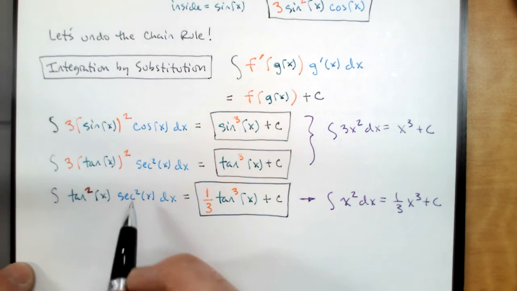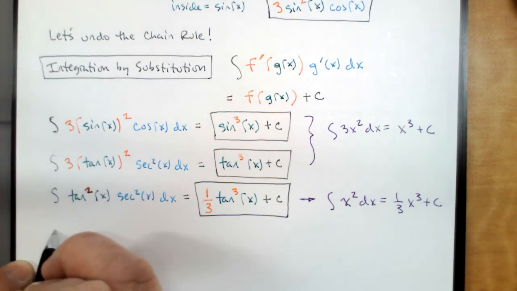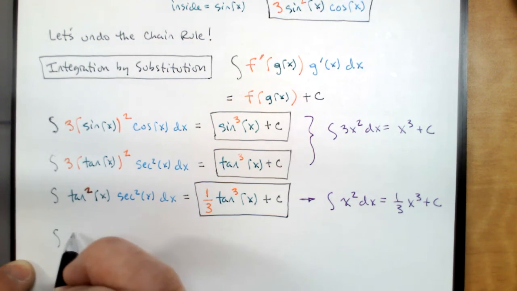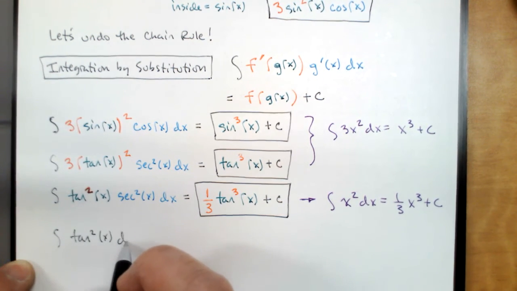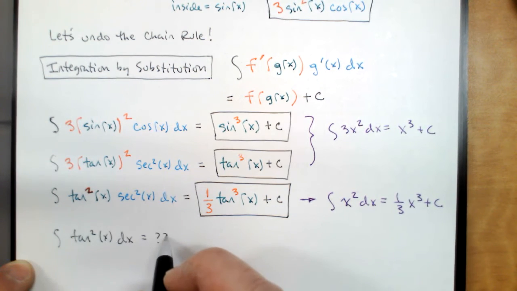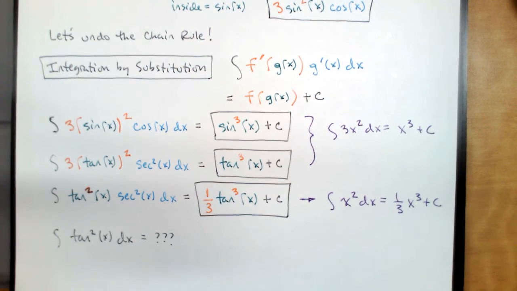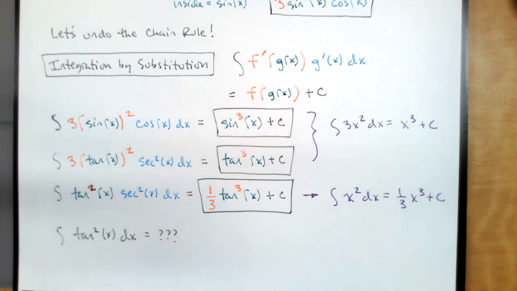If I change this problem to have the integral of tangent squared x, now we're not doing a substitution problem anymore. I want to view this as tangent being the inside, but if I'm going to call tangent the inside, I need to have secant squared as a factor to be the derivative of the inside.